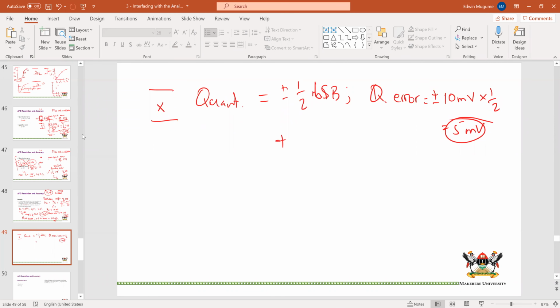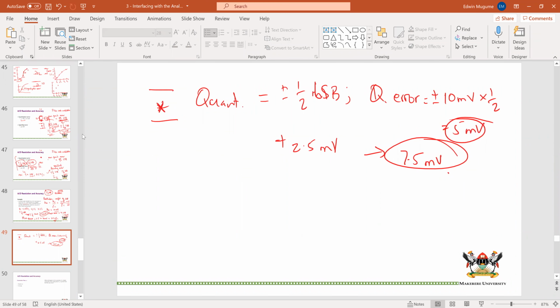And so we then add the specified error of 2.5 millivolts, and we would get 7.5 millivolts. Okay, so you can see that when we take this approach of approximating by the midpoint of the quanta of the quantization level, we have less error.